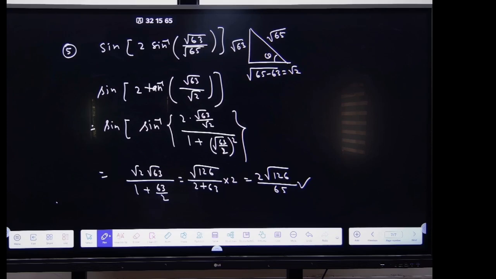Which one? 1 by root 3. 19. 1 by 6, 1 to 6. Okay, solve it. Question number second, all of you try to solve first.